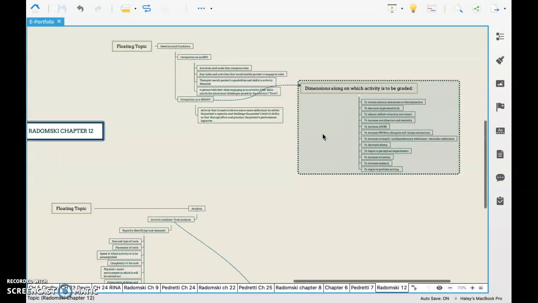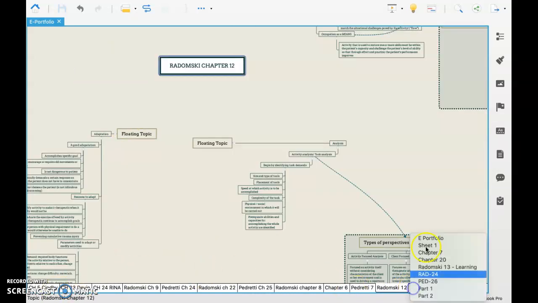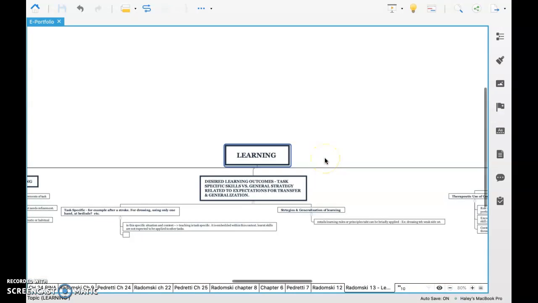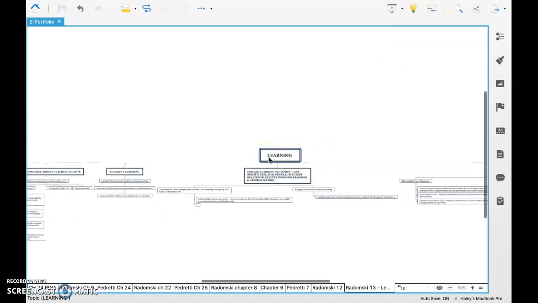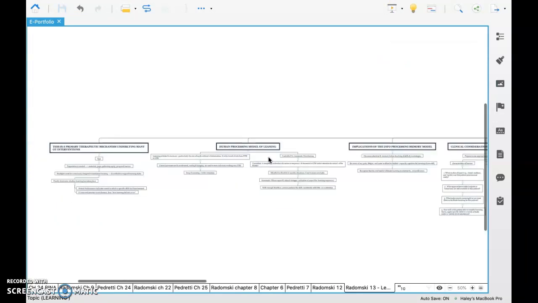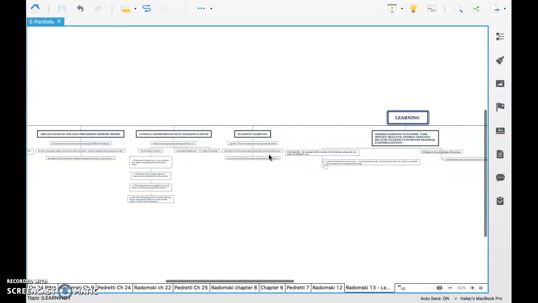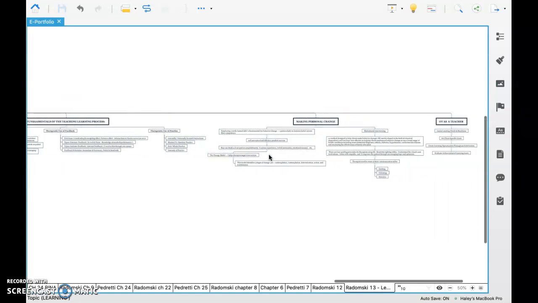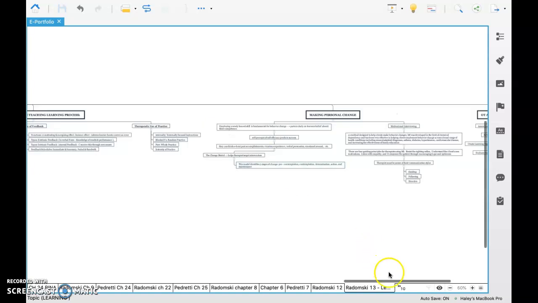So I liked that about it. And then this is chapter 13, the learning activities. This one just goes in a straight line, so it's easy to follow. Again, it gives enough information, but not overwhelming.